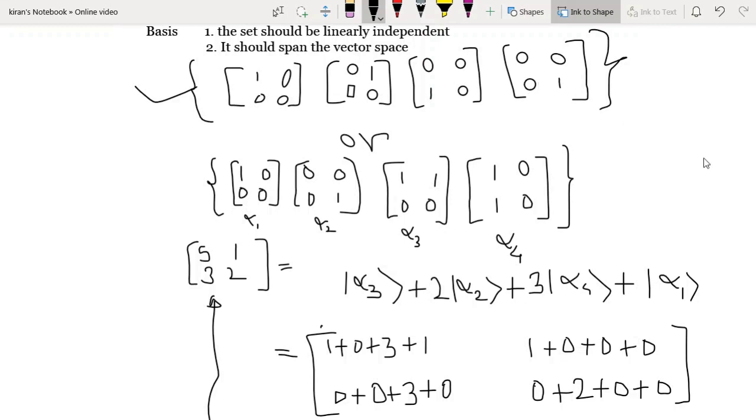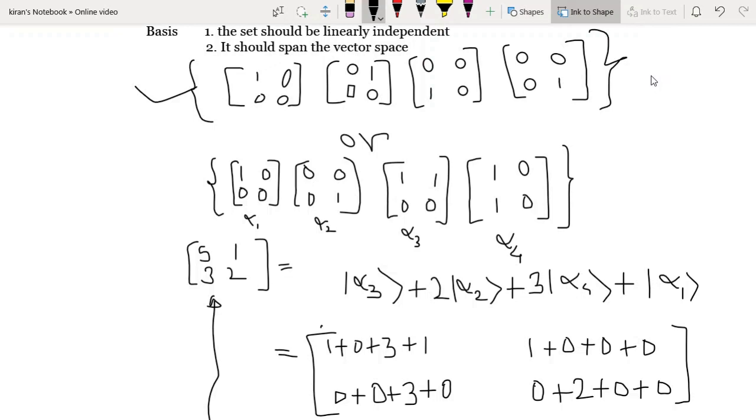On the other hand, with this basis, the vector can be represented as 1 alpha 1, 2 alpha 2, 1 alpha 3, and 3 alpha 4. So the representation is different.